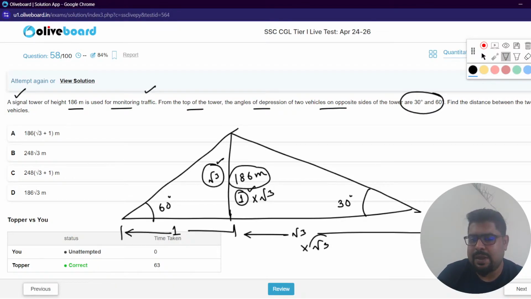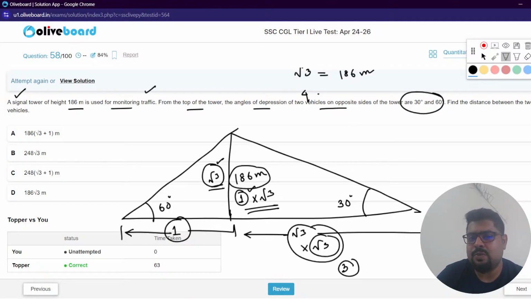So I need to multiply this also by root 3. So here, 1 into root 3, this is also root 3. Meaning now I can say this root 3 units is equivalent to 186 meters. And this road is now 1 unit here, root 3 into root 3, meaning 3 units here. So total 4 units is how much? Sir, 186 by root 3 into 4, sir.